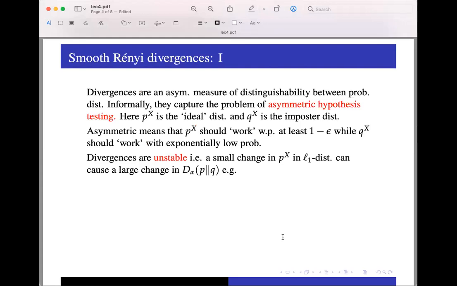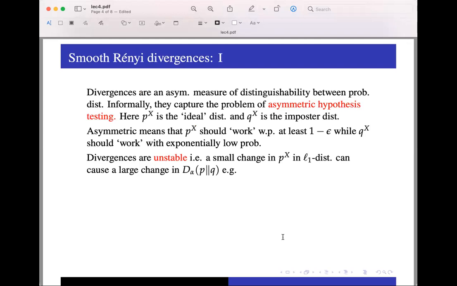Now, let us define something new called smooth Renyi divergence. One-shot information theory, as you see, deals with smooth entropic quantities, smooth divergences. So this smoothing is a very important operation. Why is it? Let me give you a high-level hand-wavy philosophical view.